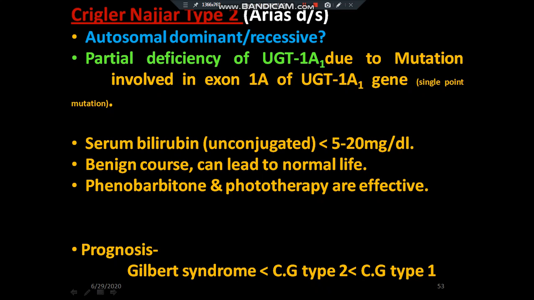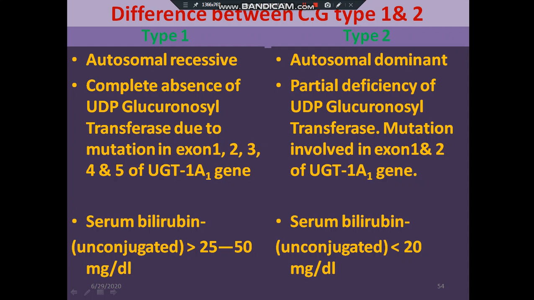Prognosis: Gilbert syndrome is less severe than Crigler-Najjar syndrome type 2, which is less severe than Crigler-Najjar syndrome type 1. Difference between Crigler-Najjar syndrome type 2 and type 1. Type 1 is autosomal recessive, type 2 is autosomal dominant.